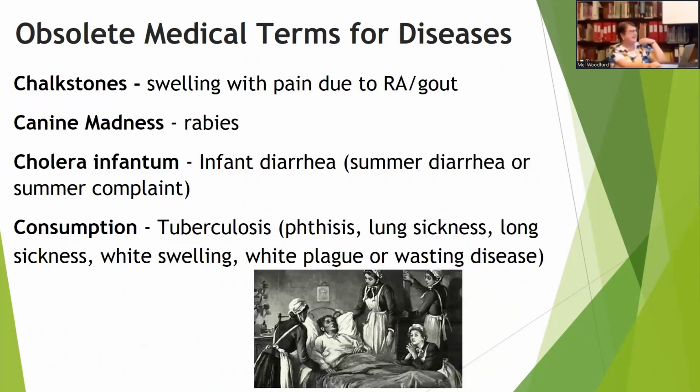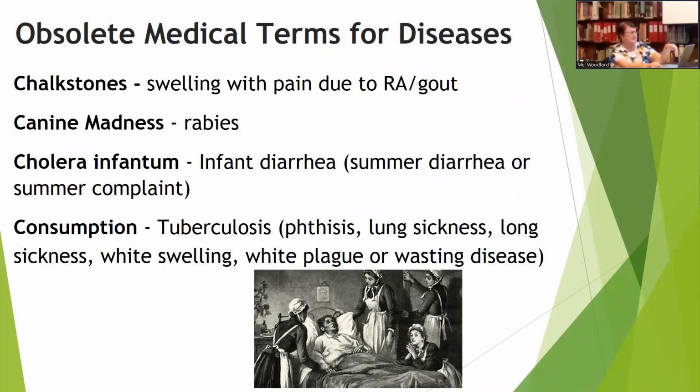Other things like canine madness, which is rabies, and consumption. Well, that had lots of different terms. Tuberculosis, of course, we know it as. It was also called wasting disease, lung sickness.